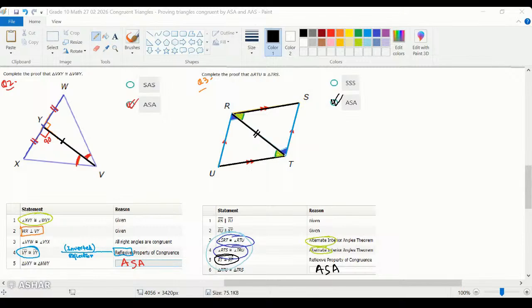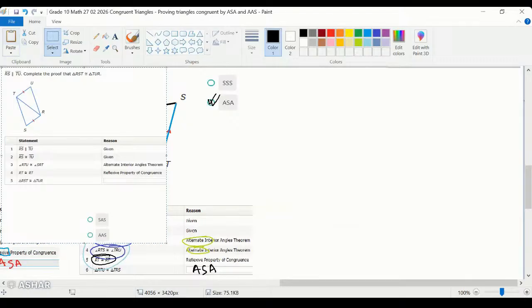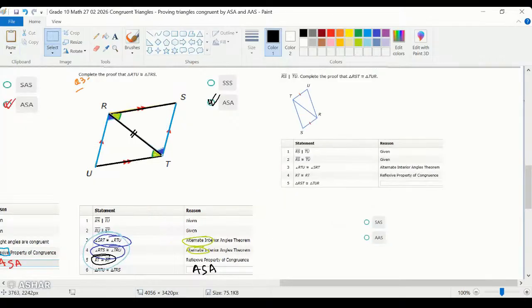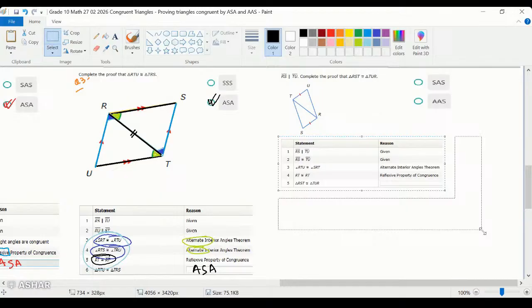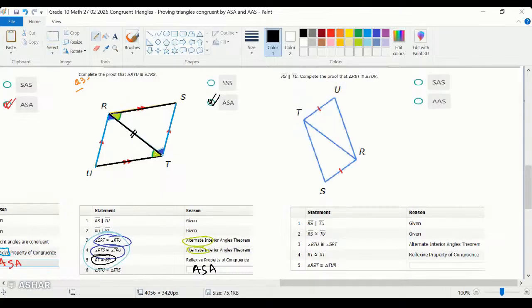Okay, for question number 4, if this is the information that has been given to us in question number 4, they're simply saying that this length of side is equal to this length of side.